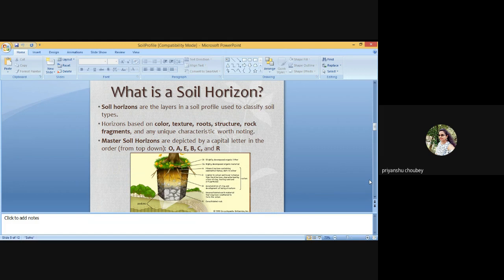L horizon or layer. It includes both organic and mineral limnic materials that are deposited in water by precipitation or through the action of aquatic organisms, of the sedimentary bed.